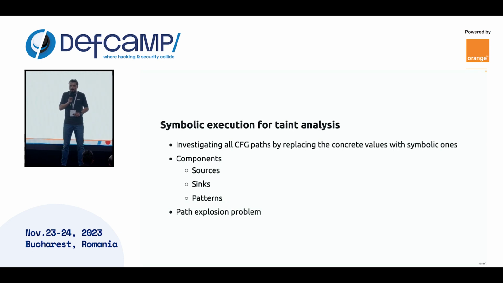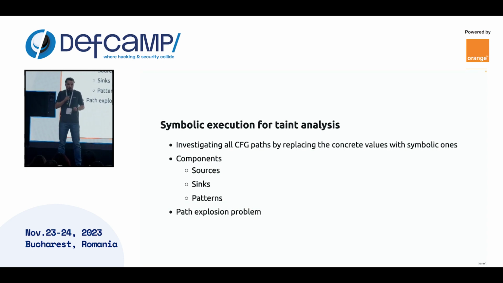Think about the fact that all the paths explored by the engine for symbolic execution are stored in memory. So if you have a large code base that should be analyzed, then that memory will increase a lot. You may end up filling all the memory of your server, for example, with this information related to the paths.